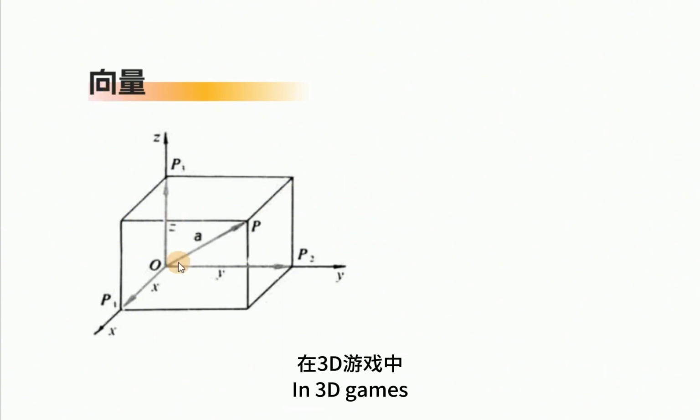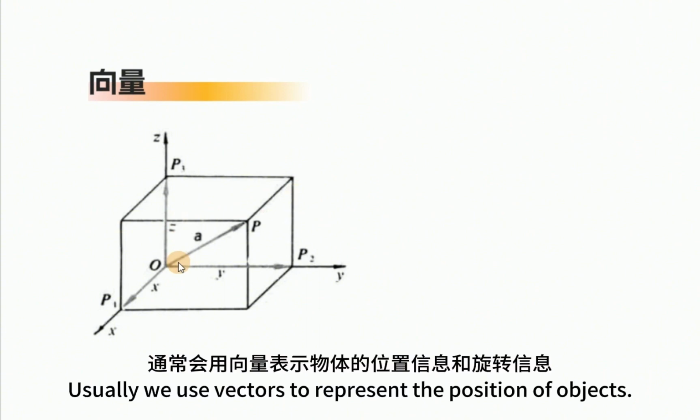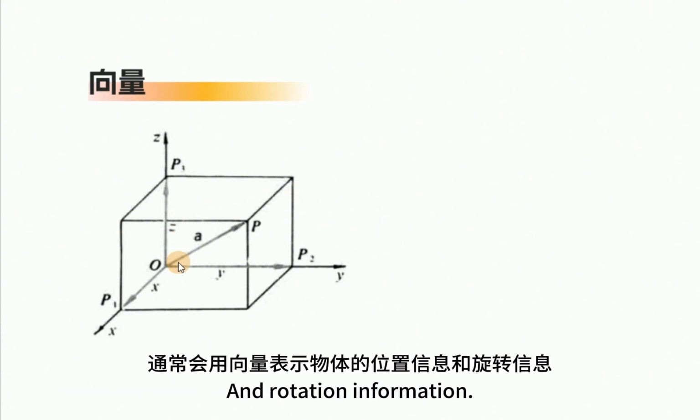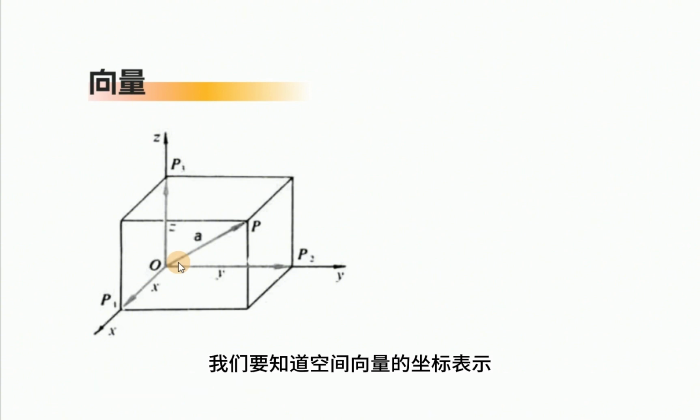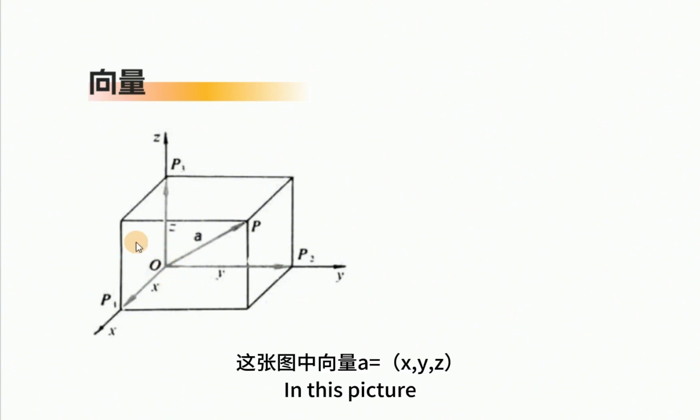In Sandbox games, usually we use vectors to represent the position of objects and rotation information. So we need to know the coordinate representation of the space vector. For example, in this picture, the vector equals (x, y, z).